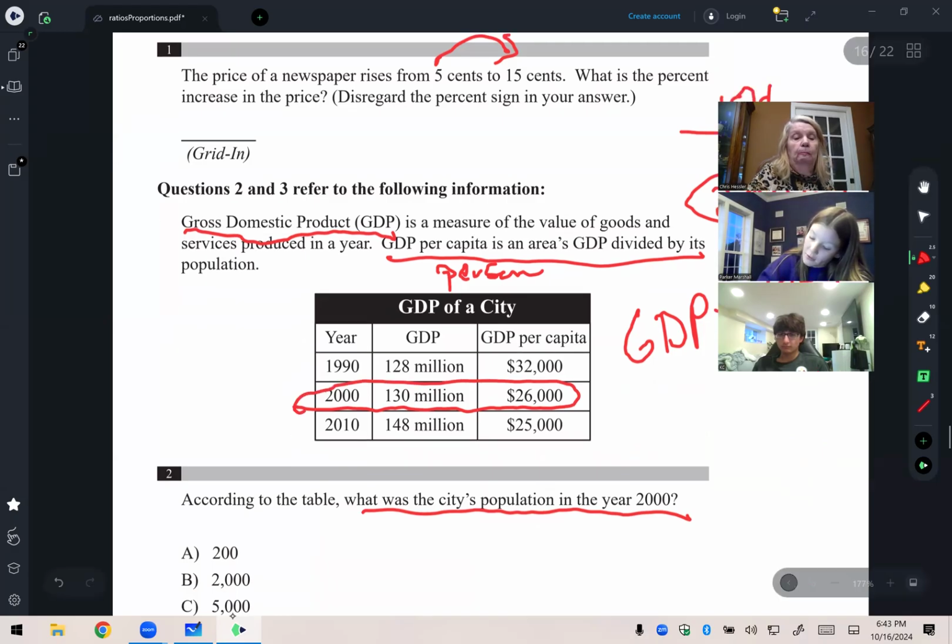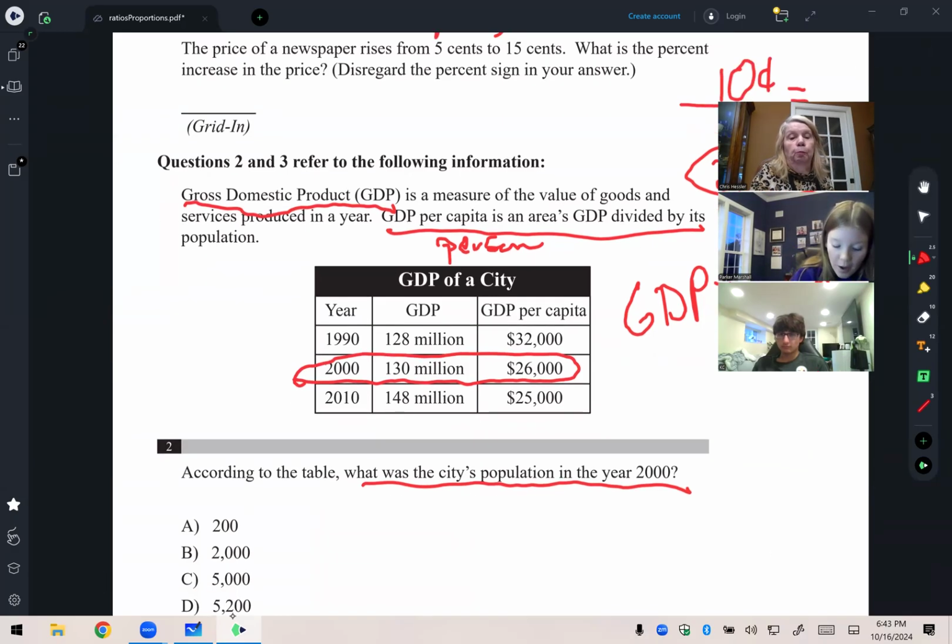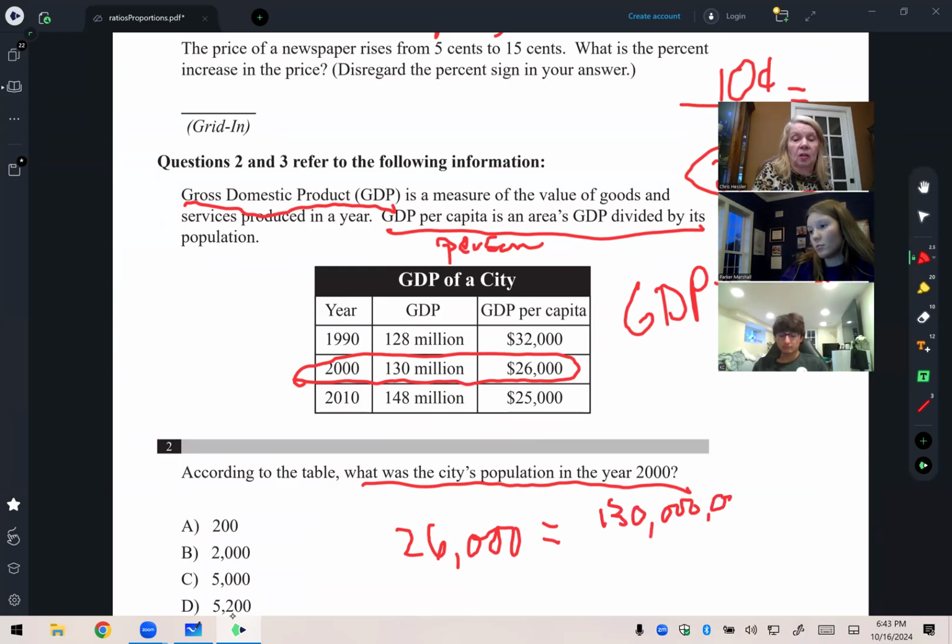So we're going to do, we know per capita 26,000 equals all the GDP, and I have to put 6 zeros after this, divided by X. So I'll let you do this. And X will just be the total population.